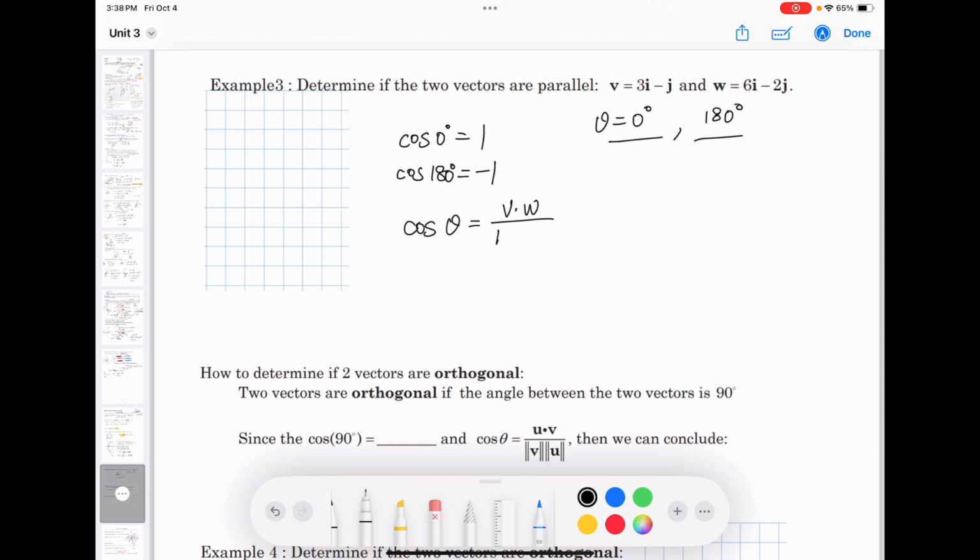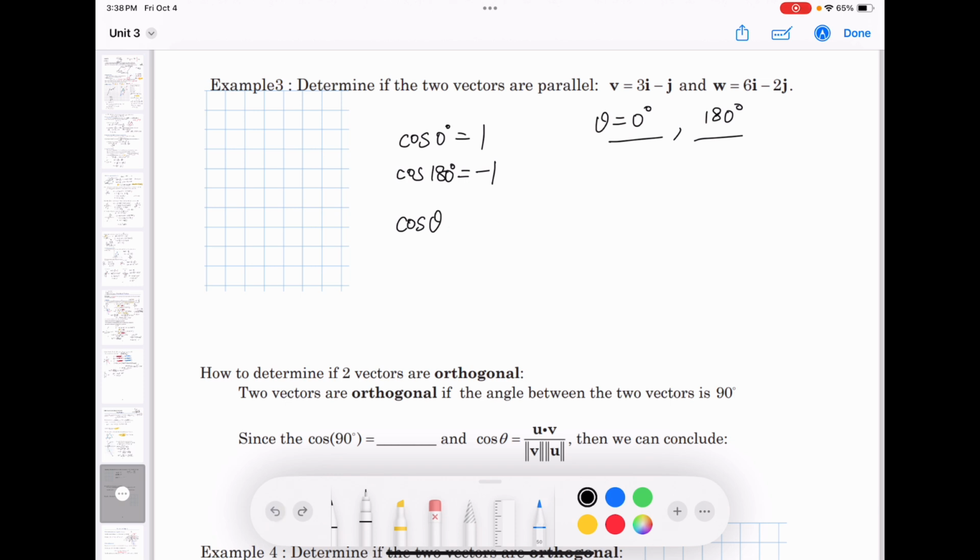So if I can list the equation between the angle theta and the v and w, v dot w divided by magnitude of v times magnitude of w, I see the value is equal to positive or negative 1. That means these two vectors are parallel to each other. Let's do the evaluation. So let's erase this. What is the cosine theta? If it's 1 or negative 1, they're parallel to each other. Cosine theta is equal to the dot product between v and w.